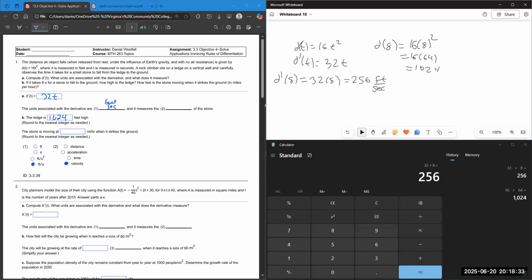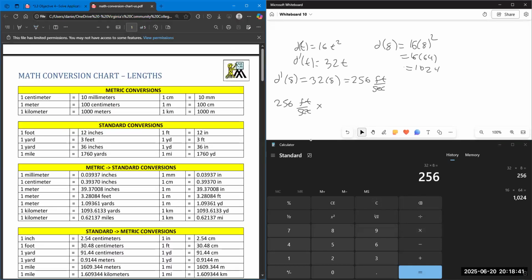So I need to change this 256 feet per second to miles per hour. This is where this conversion table is going to come in. So we have 1 yard is 3 feet, and 1 mile is 1,760 yards.